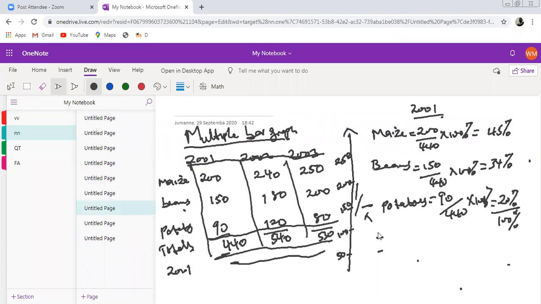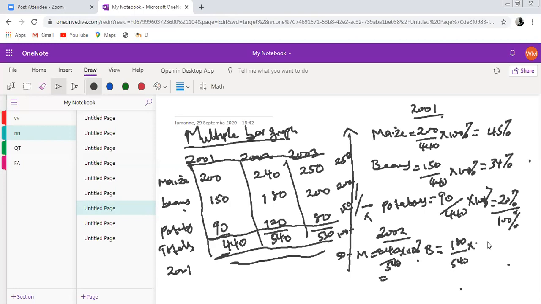You will come here. This is 2002. You calculate the percentages now. It is 240 over the total 540. That is the maize. 240 over 540. Then you convert it into 100%. For beans, it is 180 over 540.